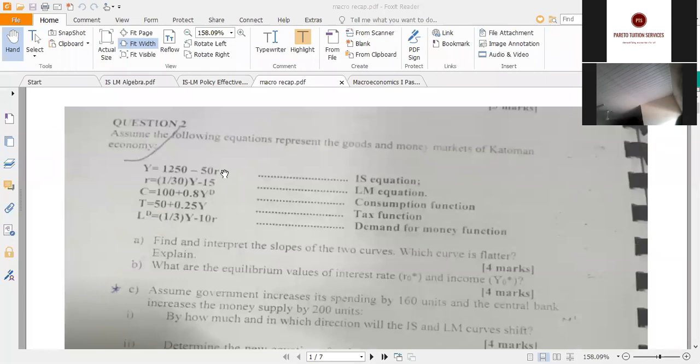We had 400, right? So just add your 400 to your old IS curve, and that should give you the new IS curve. Then for the LM, just add the change resulting from the change in the money supply. That should give you your new LM curve.